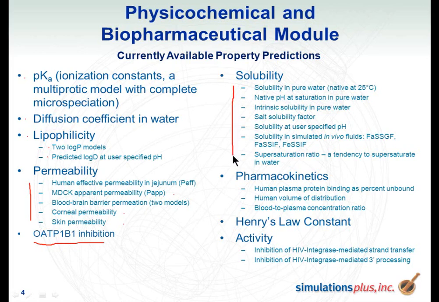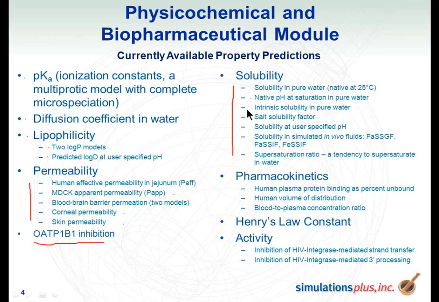Several models related to solubility. Our native solubility model also allows you to compute or predict the native pH at saturation, intrinsic solubility, salt solubility factor, solubility at the user-specified pH.